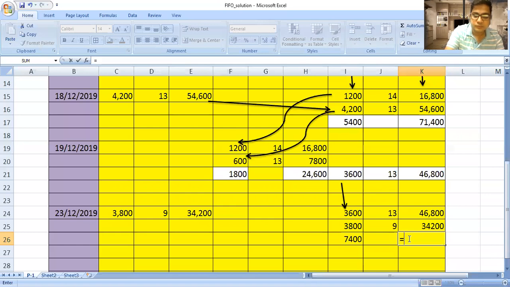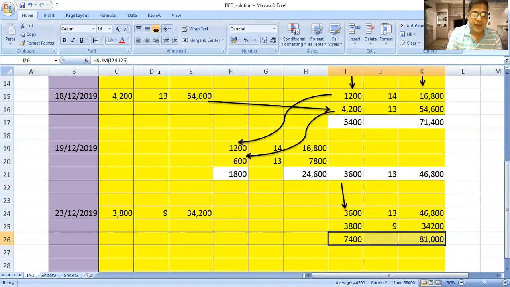Sum of 46,800 and 34,200 is 81,000. It means we have a closing balance on 23rd December of 7,400 units, and their value is 81,000 rupees.